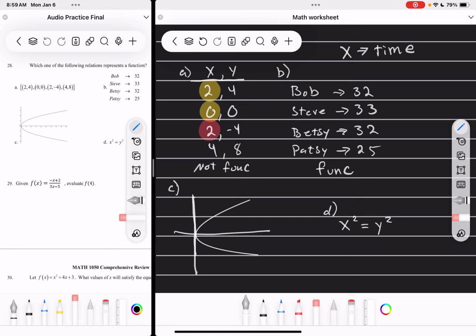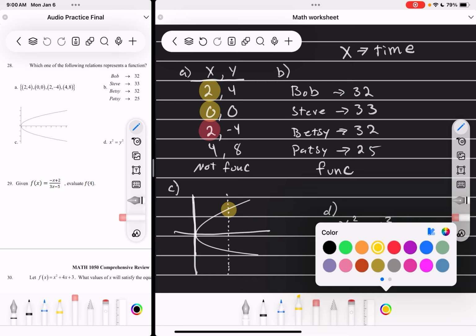If we look at C, we can do what's known as the vertical line test to see how often something happens. So for a vertical line test, I'm going to draw a dotted line. How many times does our line hit X? Well, it hits a value here, Y, and it also hits a value here.